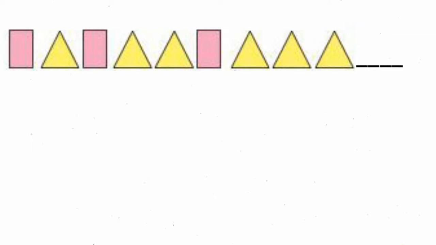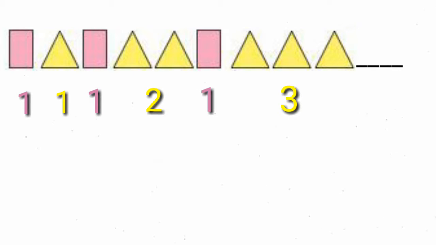And for this example, the pattern is rectangle, 1 triangle, rectangle, 2 triangles, rectangle, then 3 triangles. We can say that the next term is rectangle because the triangles follow the pattern 1, 2, 3, and the rectangle will appear again before the 4 triangles.